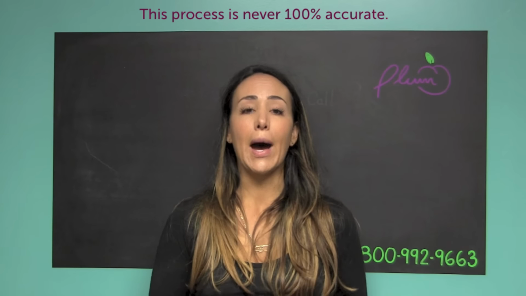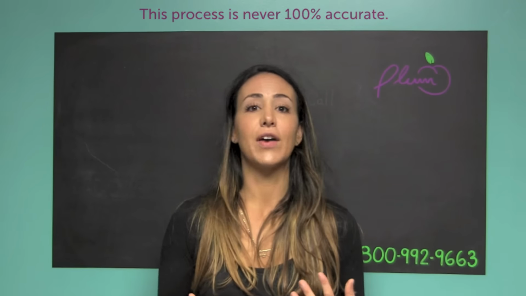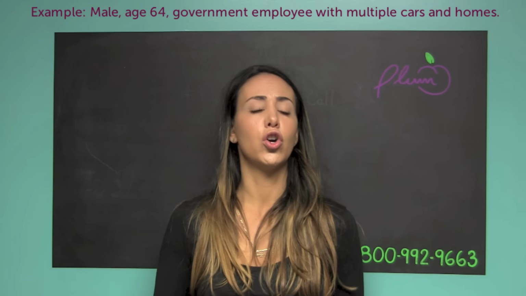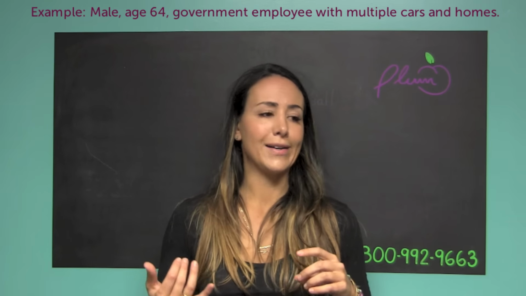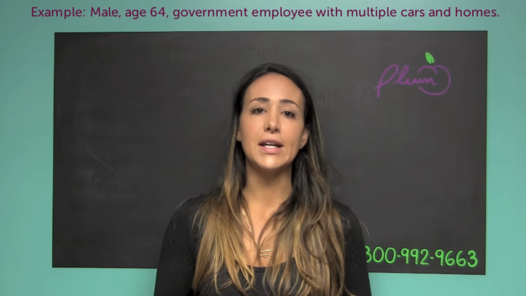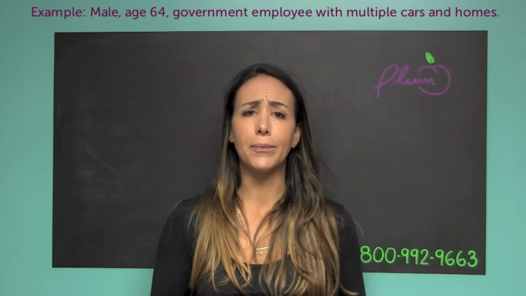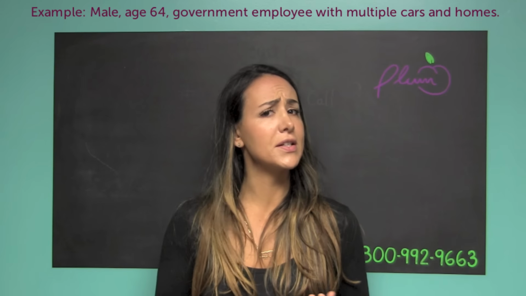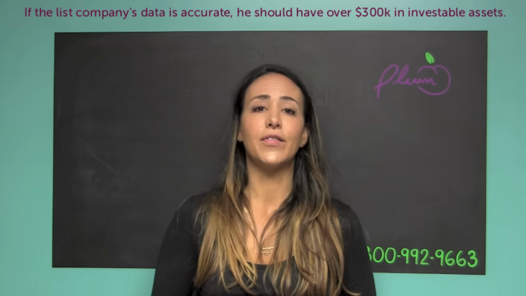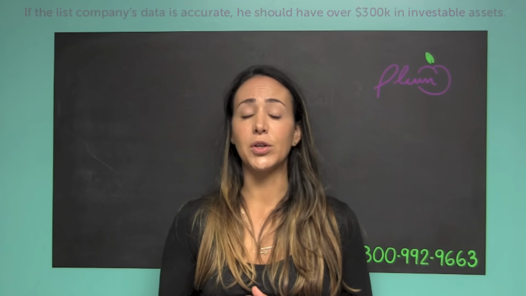So essentially what could happen is you could have a 65-year-old male who has been working for the government for 30 years, who has two luxury cars, he owns a home in Washington, D.C., he also has a vacation home in Florida. And according to this list company, he's well off. He has over $300,000 in investable assets based on what their computer has guessed.